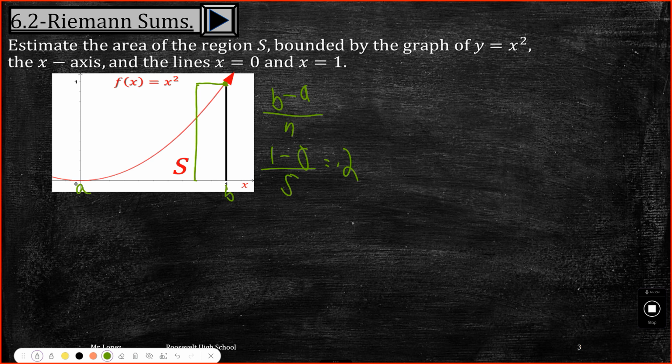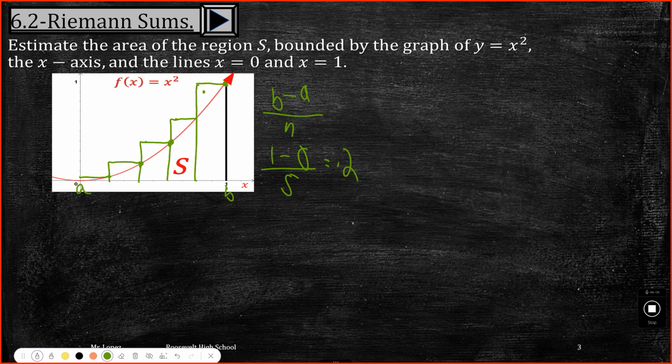It's an over-approximation, that's extra, but it's getting closer and closer. Then here on the graph of x squared, and like this.